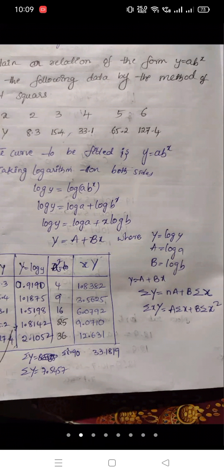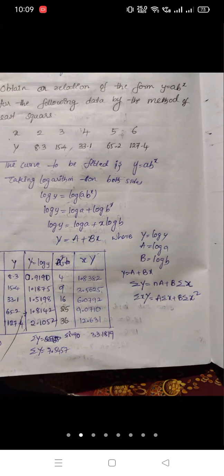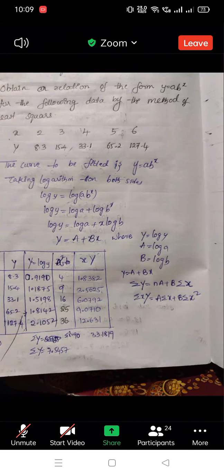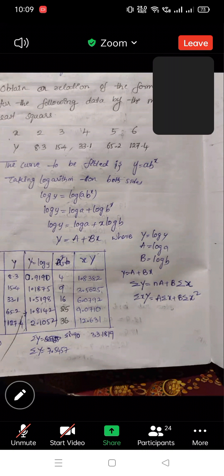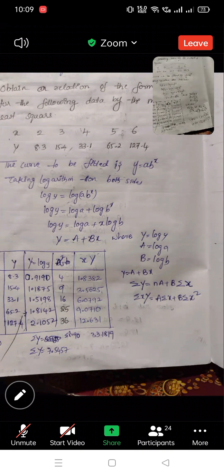So here log y, here you have to obtain this one, right? So you have to obtain this one. You calculate A and B by taking the logarithm of both sides.